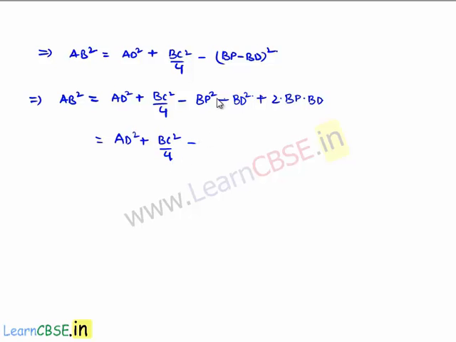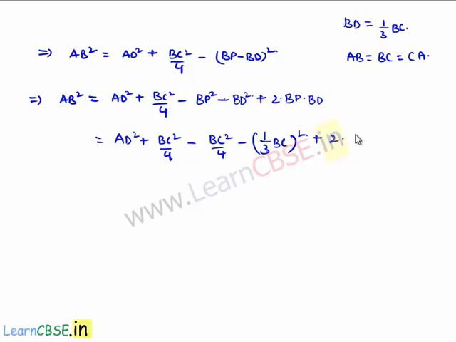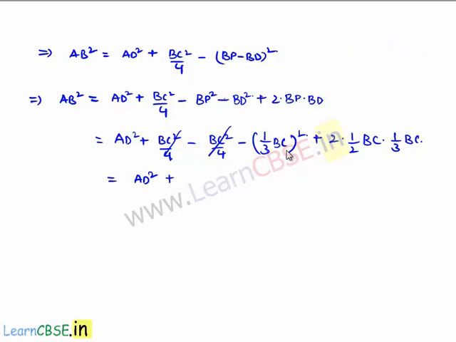We know that BP is half of BC, so that will be again half of BC whole square, which is nothing but BC square by 4 minus, we know that BD is equal to 1 by 3 times BC. Let us replace it, 1 by 3 times BC whole square plus 2 times BP is nothing but half BC and BD is nothing but 1/3 of BC, which is equal to AD square plus BC square and minus BC square by 4 will be cancelled.